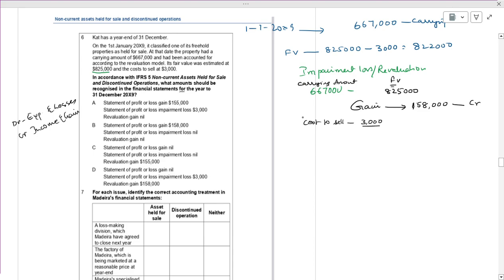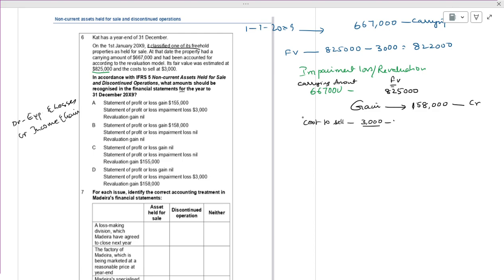Debit all expenses and losses. What they are asking us is, on 1st January 2009, one of its freeholds is classified, meaning identified, as held for sale. At that date, the property has a carrying amount of 667 and is accounted for according to the revaluation model.